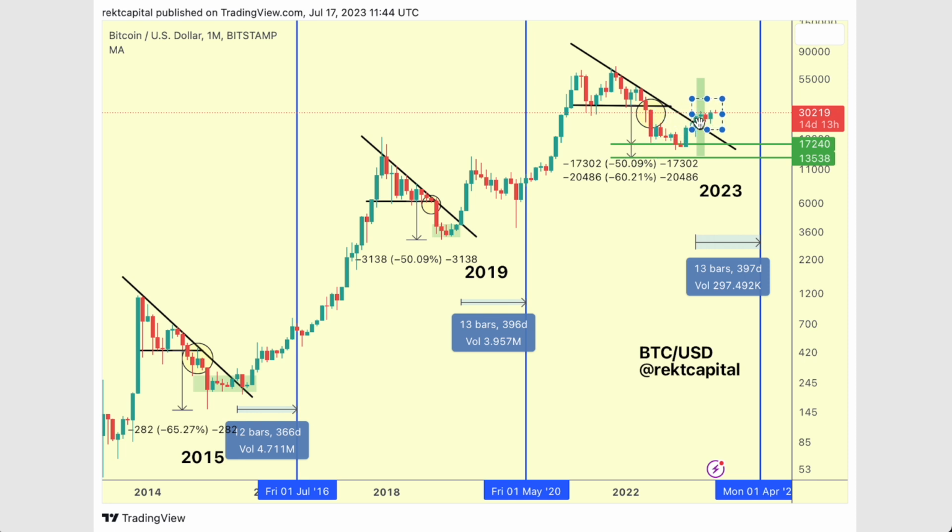We didn't see price just take off in a parabolic rally, and that's an interesting thing to note. But by the same token, we also didn't see a 2015 pullback for a retest of that macro downtrend as a new support before running higher. So 2023 is doing its own thing at this point in the cycle, and that's quite refreshing.